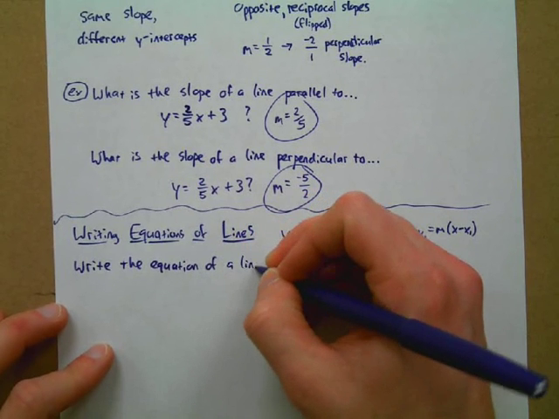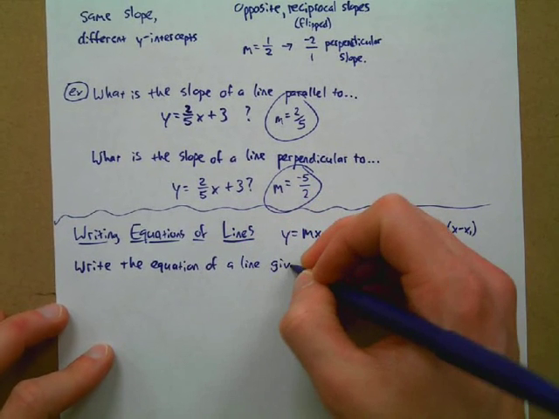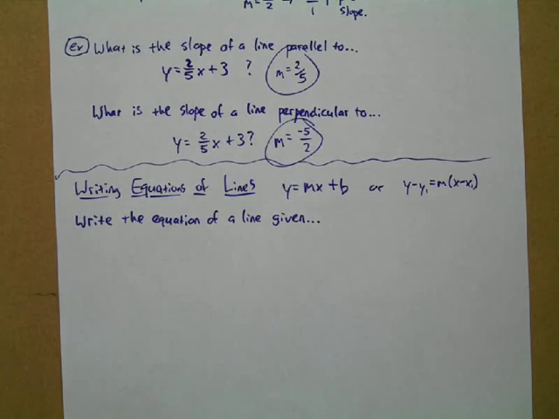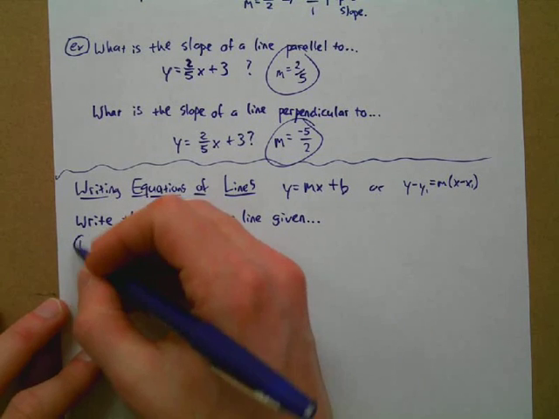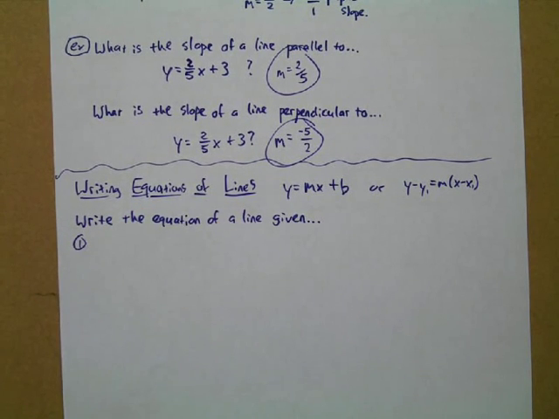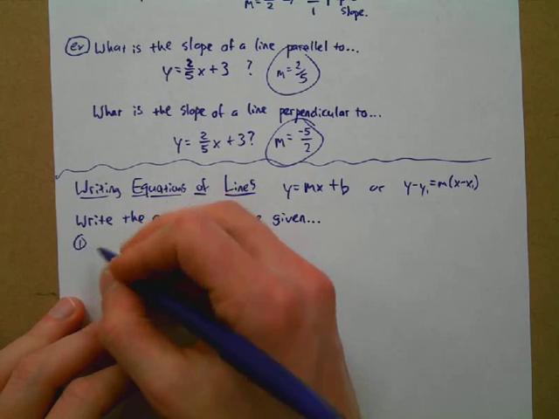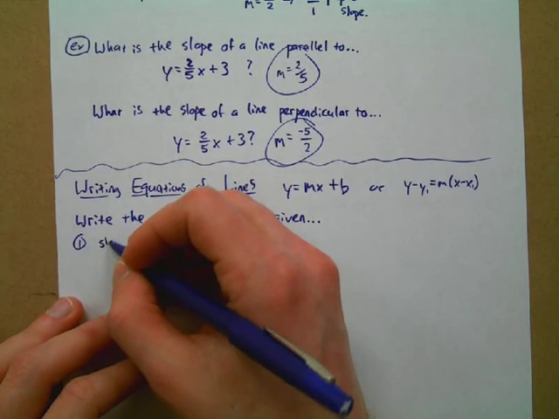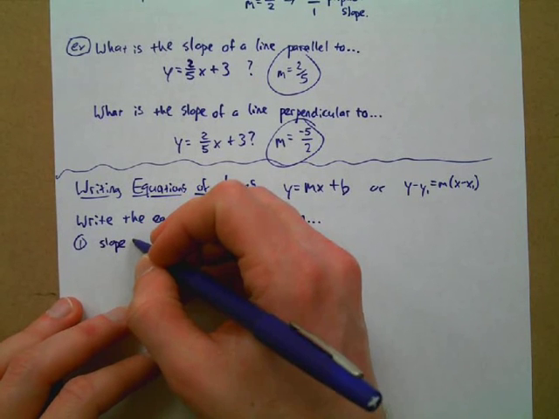Let's go with the slope of that line is, I don't know, 3, and the y-intercept is, I don't know, 10. Just making some up here. So given that information alone, we want to write the equation of the line.